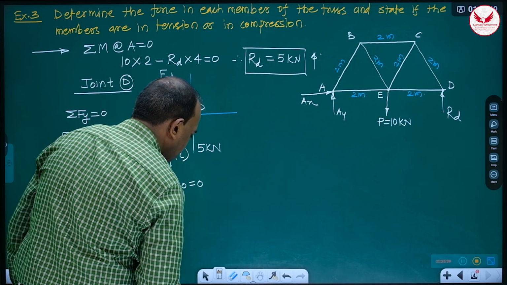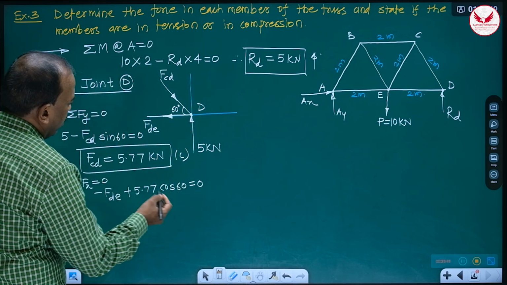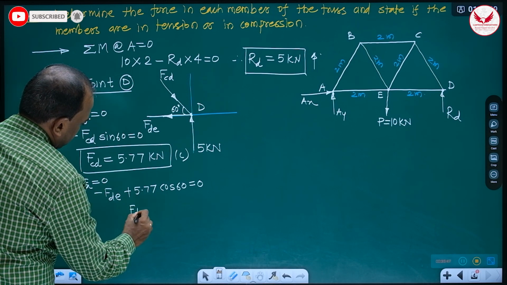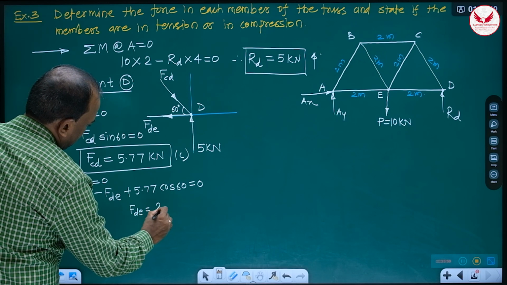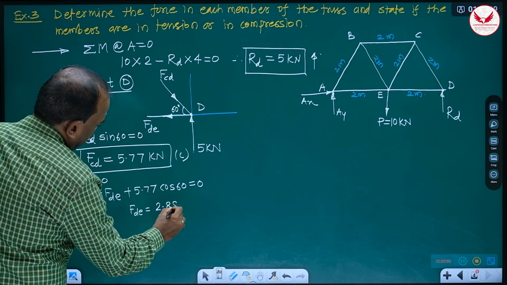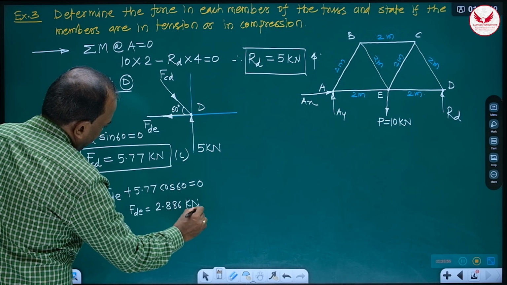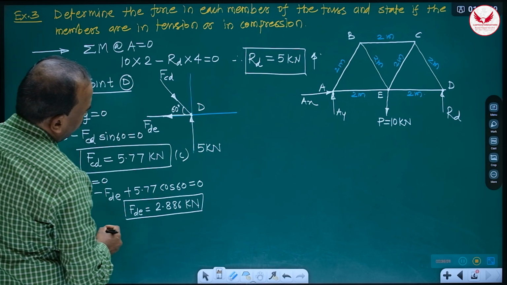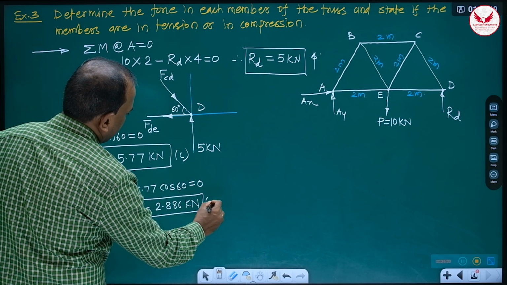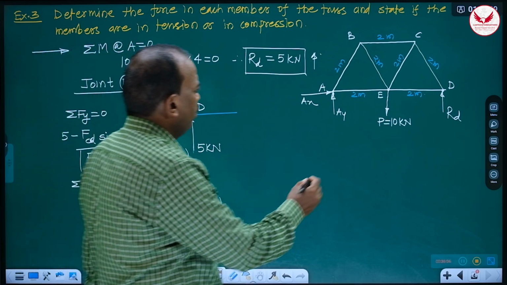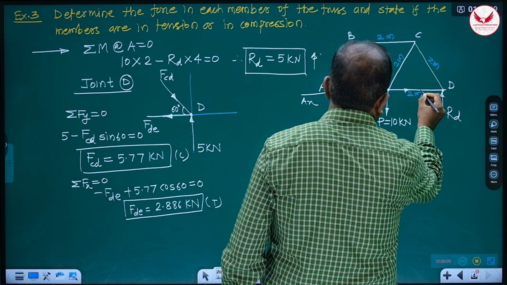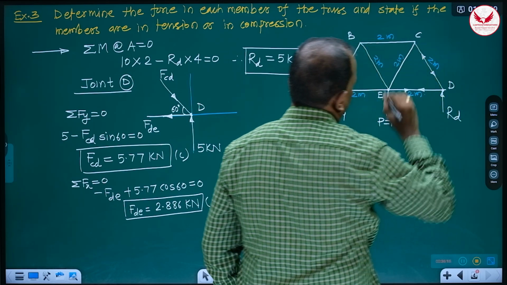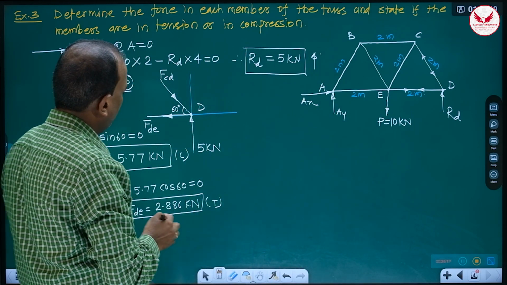FDE is 2.886, you can write or you can write 2.89. Both are correct answers. So it is going to be tensile. Means two answers we got. FDE is tensile away from the joint, and FCD is compressive. Means in this truss we got two answers.